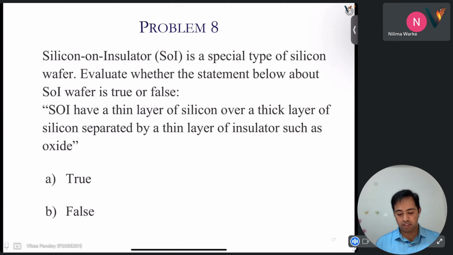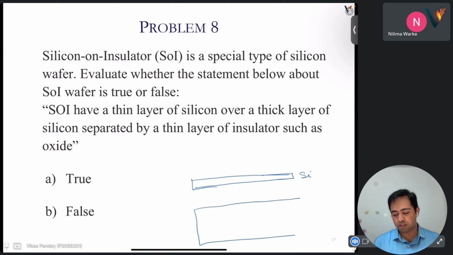Okay, so what it is saying is that there is a thin layer of silicon over a thick layer of silicon, and in between there is something which is an insulator. Is this true or false?